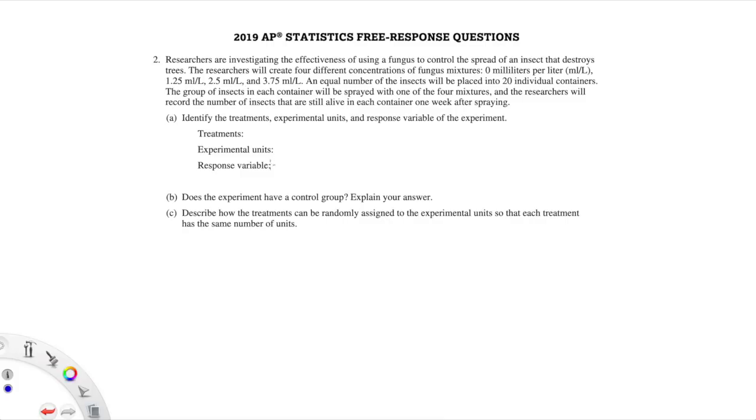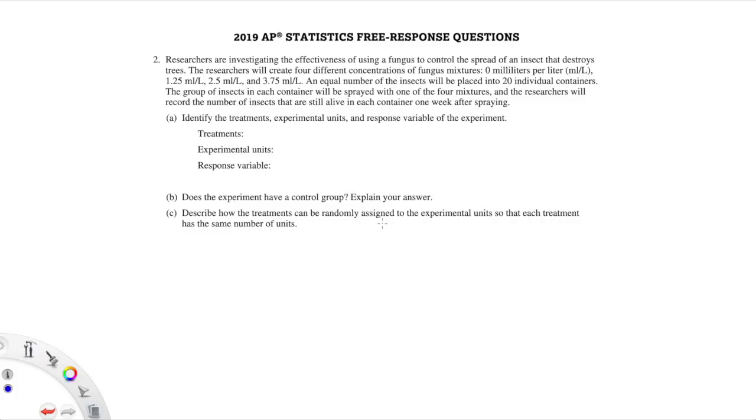For experimental units, we want to say the 20 individual containers containing the insects and the combination of the insects and the treatment. And for the response variable, we don't have a specific number, but we want to say it's the number of insects counted in each container after a week.